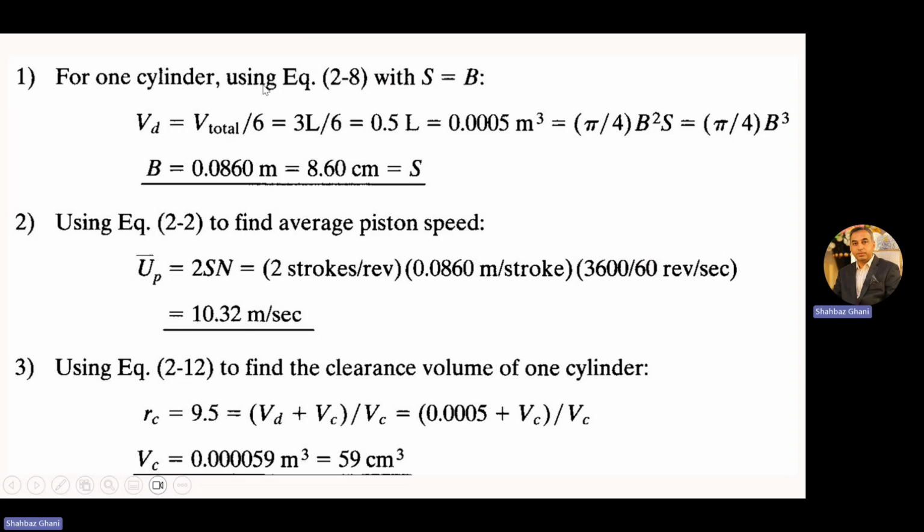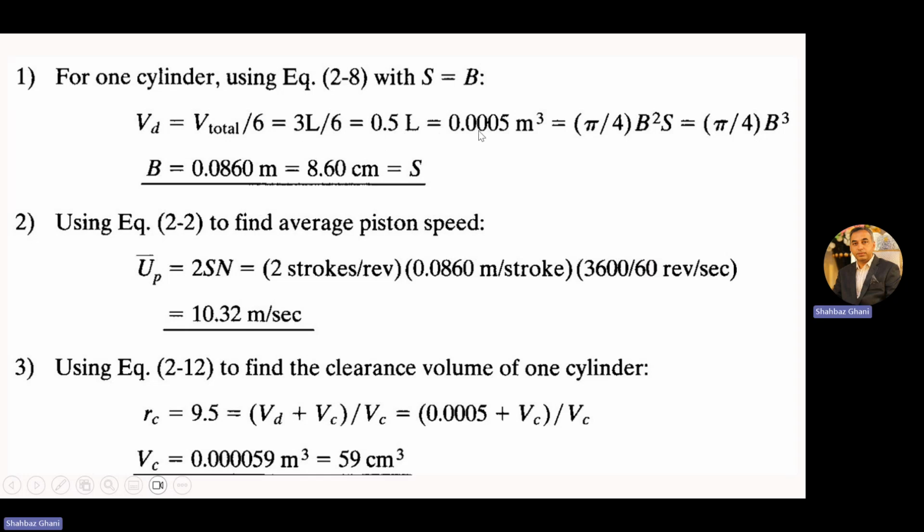Now for one cylinder, using the equation VD is equal to V total divided by 6, because it's a V6 engine, so number of cylinders is 6. So we have to divide the total volume by the number of cylinders. We have a 3-liter engine divided by 6, so it comes out to be 0.5 liters per cylinder.